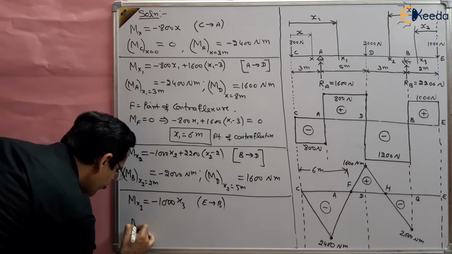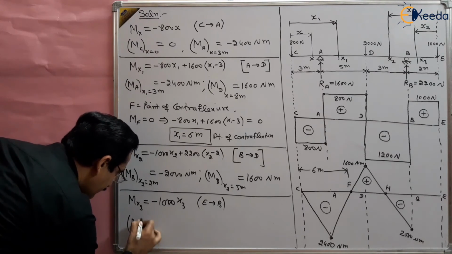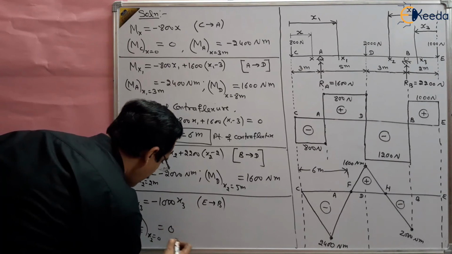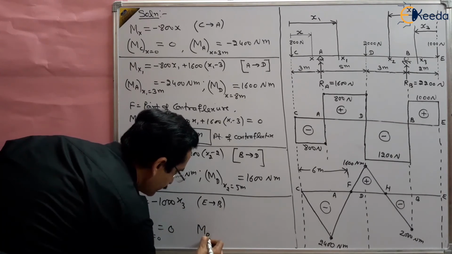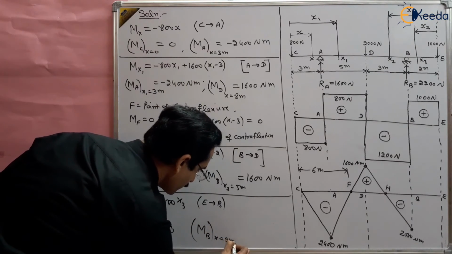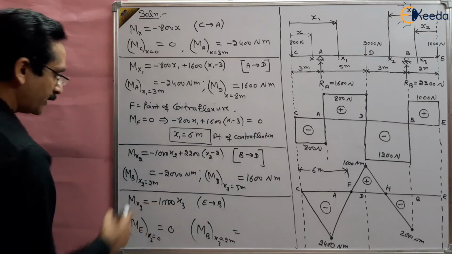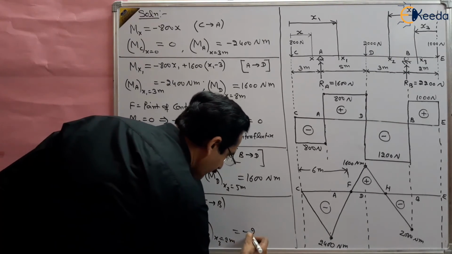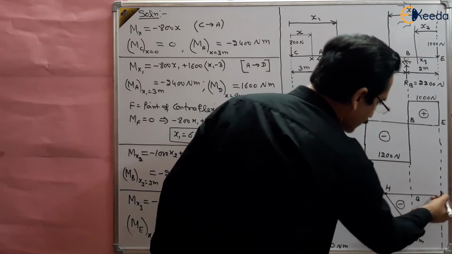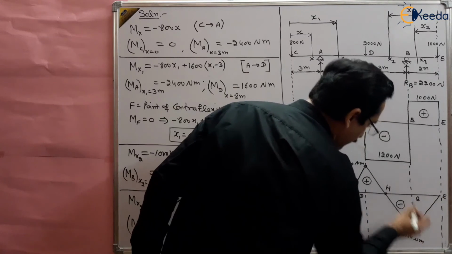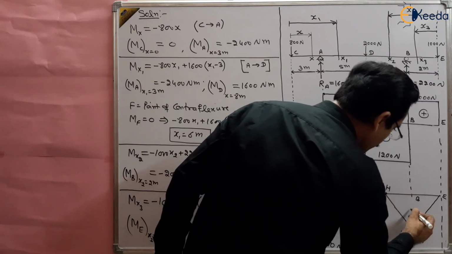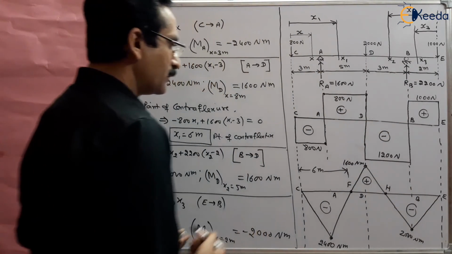And what is ME at x equal to 0, because we are taking x from here as 0, this will be equal to 0. And what will be MB, at x equal to 2 meters? Put the value 2 meters here, you will get minus 2000 Newton meter. So from 0 to minus 2000 Newton meter, this is a straight line like this, right? So again we are getting 2000 Newton meter in the negative direction.